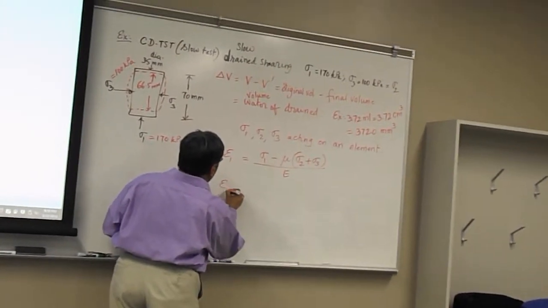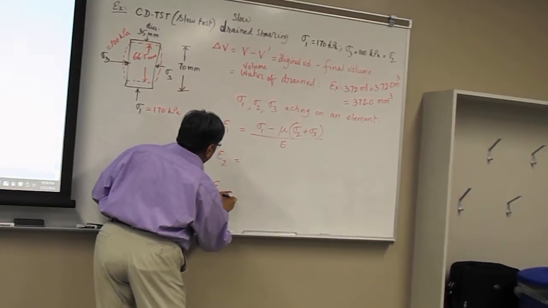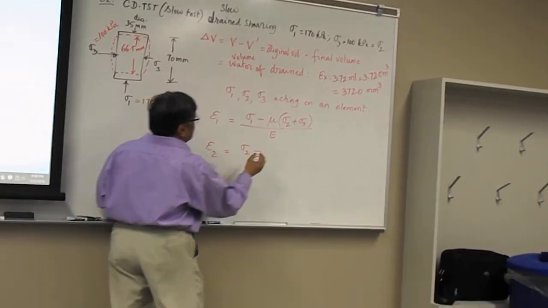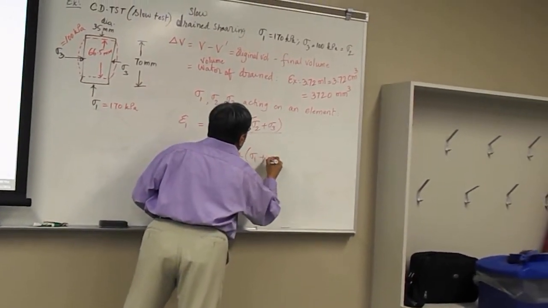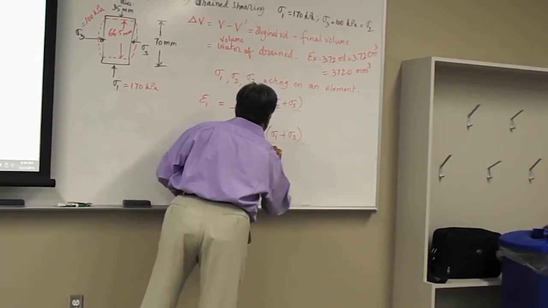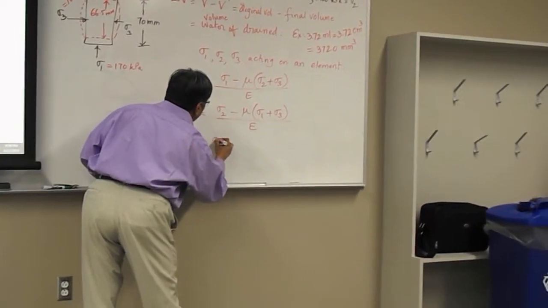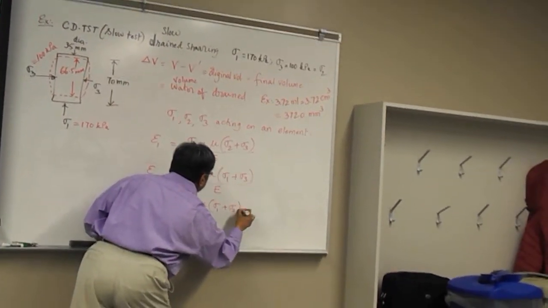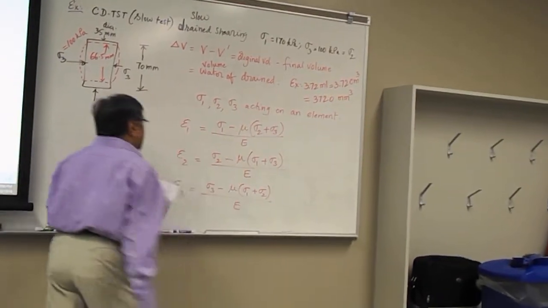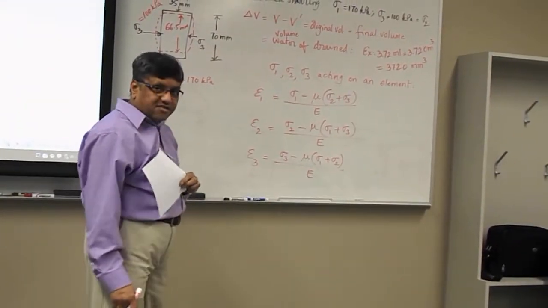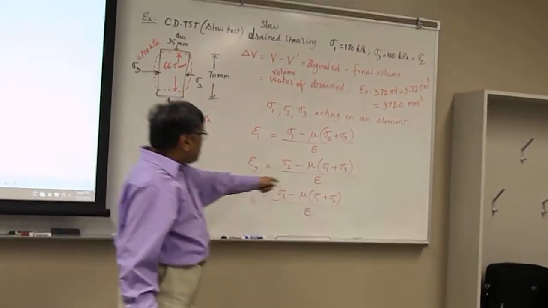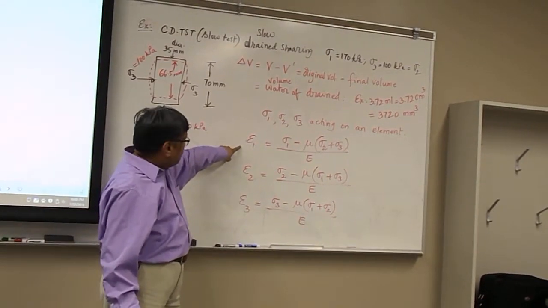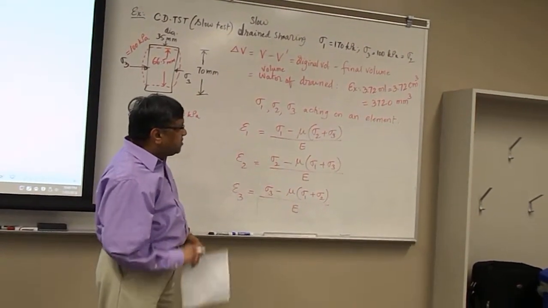In the same way, epsilon 2 and epsilon 3: for epsilon 2, sigma 2 minus mu times sigma 1 plus sigma 3 divided by E, and here this is sigma 3 minus mu times sigma 1 plus sigma 2 divided by Young's modulus. The material has the same modulus of elasticity and same Poisson's ratio, but sigma 1, sigma 2, sigma 3 being three stresses, epsilon 1, 2, 3 are the strains in those directions.